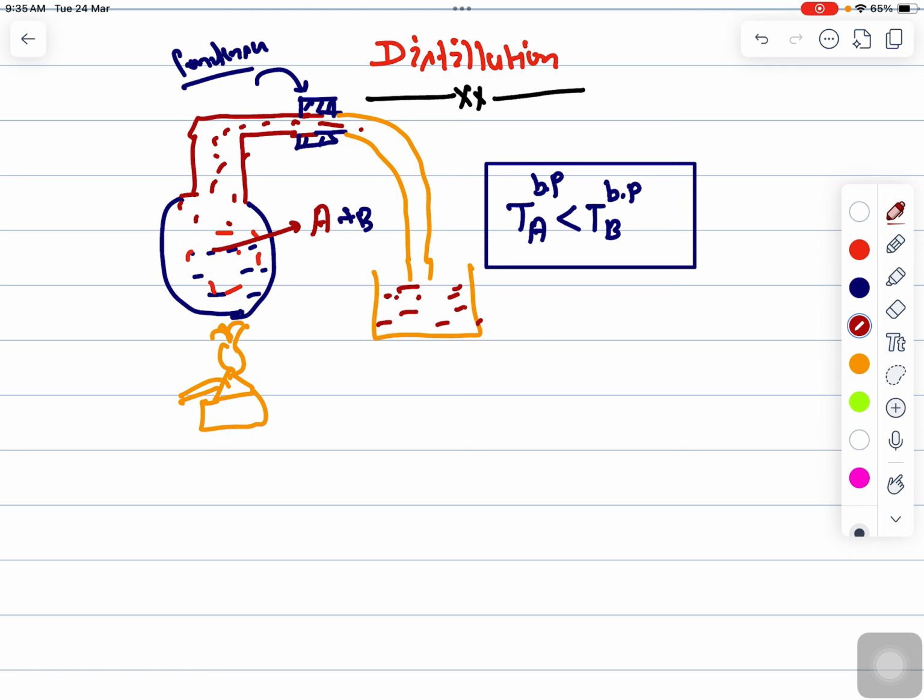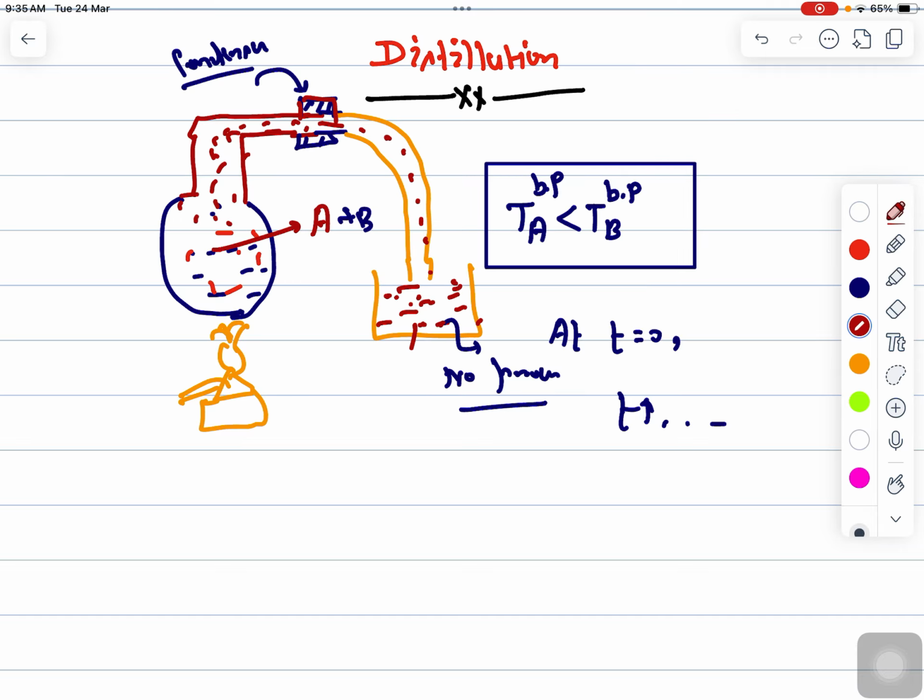Because A's boiling point is less, at this point you will start collecting it. So just try to understand, at t equals 0, no product would be there here, right? But as you increase the time, when A reaches its boiling point, A will start evaporating, and it will come here, and once it gets condensed, it will come into this distillate. Let's say you have collected.